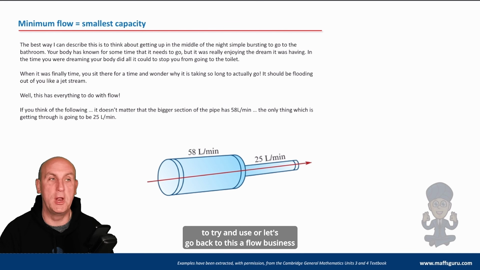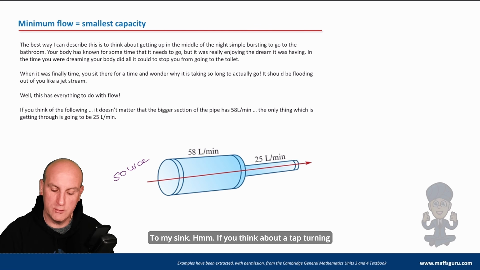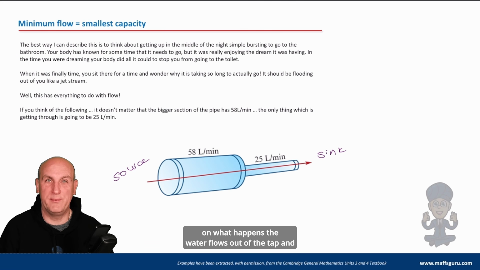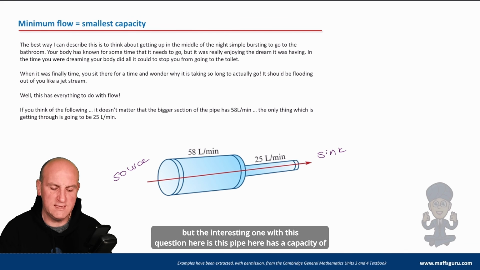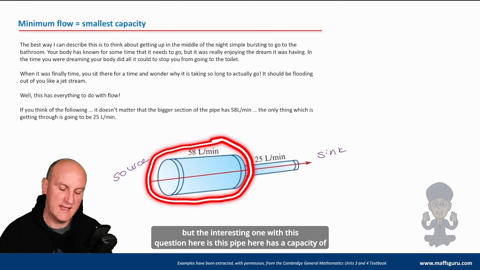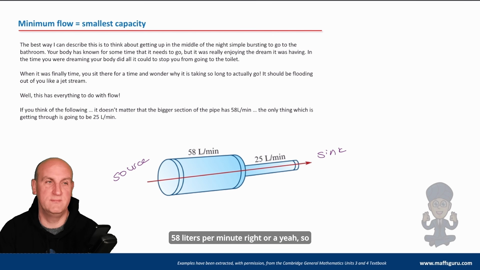So anyway, let's go back to this flow business. All right, I want to push stuff from here. I want to go from my source to my sink. Now, if you think about a tap turning on, what happens? The water flows out of the tap and undoubtedly into the sink and then down the drain. But the interesting one with this question here is, this pipe here has a capacity of 58 litres per minute, right?